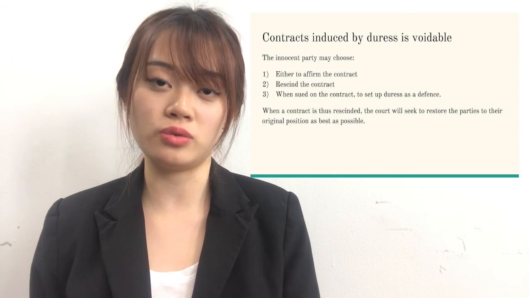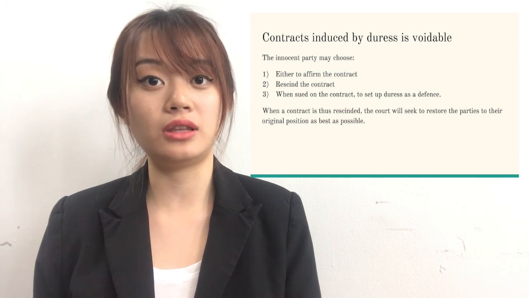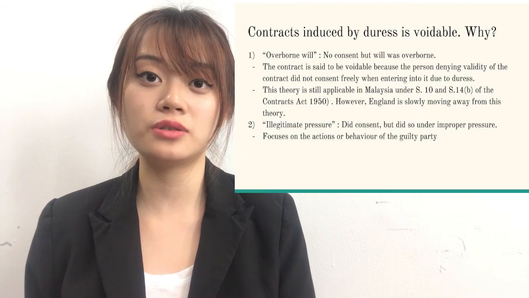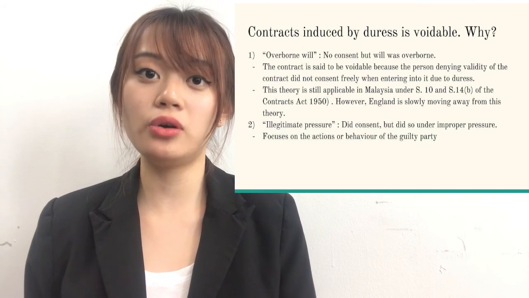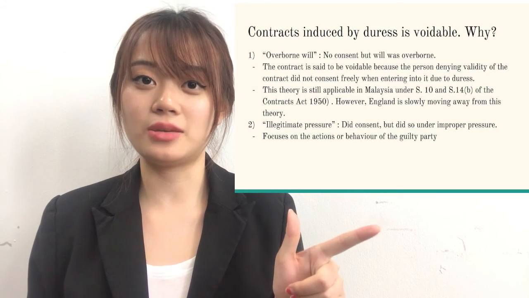Contracts induced by duress are voidable. The innocent party may choose to affirm or to rescind the contract, or set up duress as a defense when sued upon the contract. Contracts induced by duress are voidable because of overborne will and illegitimate pressure.